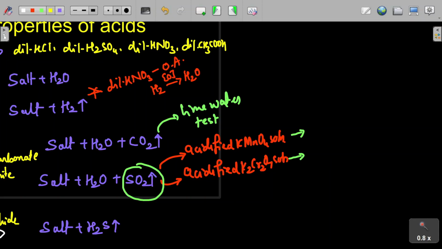Pink to colorless. And for the second one, orange to green. You can write clear colorless or simply colorless, and orange to green.